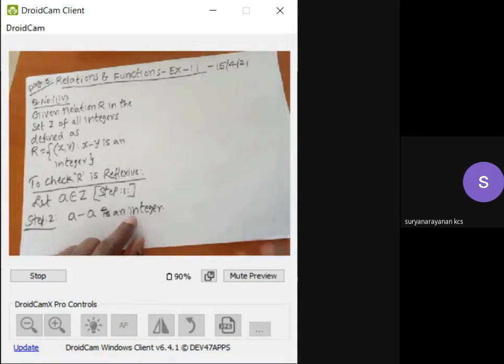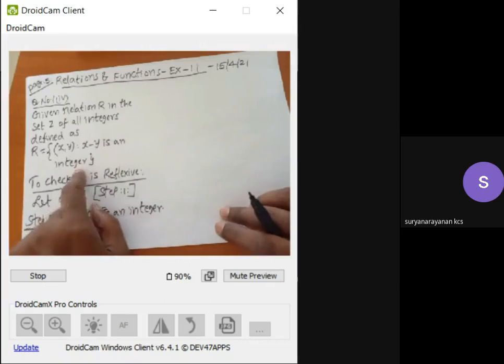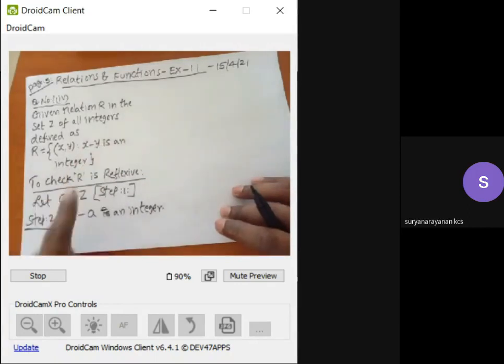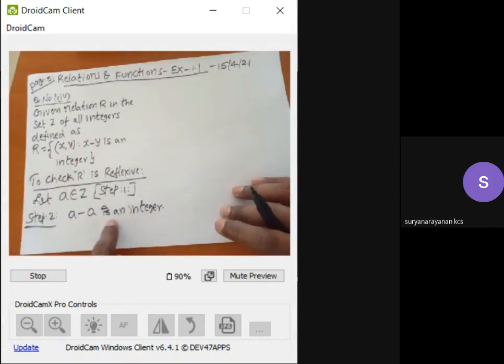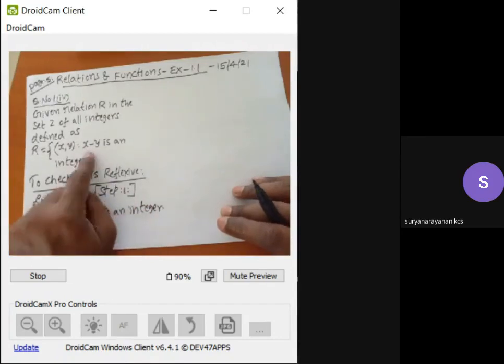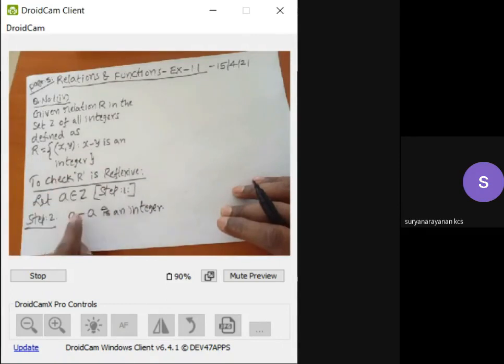We got this statement. In the given relation, we wrote a in the place of x and a in the place of y. Then we got a minus a is an integer. Now we have to check whether this statement is true or false. Instead of the different letters x and y, you write the same number.